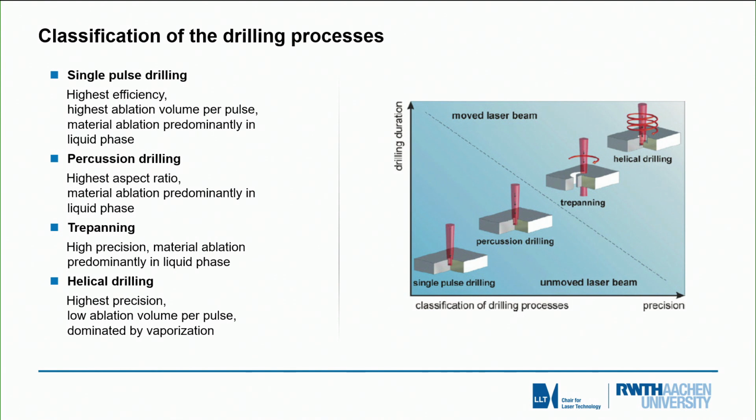In the next viewgraph, you will see a survey of several drilling processes. We classify them by two criteria. One criterion is the drilling duration, how long it takes to drill the hole, and the other one is the precision which we can achieve. And like you would expect from natural behavior, with increasing precision, the demand for more time increases as well.